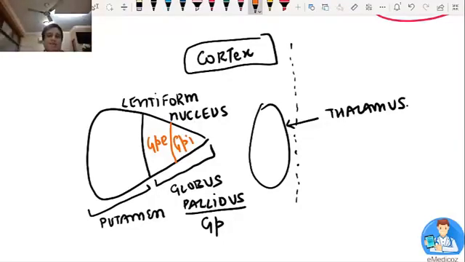So globus pallidus externa and interna are the two parts of the globus pallidus, which is a part of the lentiform nucleus. And the outer peripheral, that is the lateral part, is the putamen. Some people do spell it differently, that's fine.